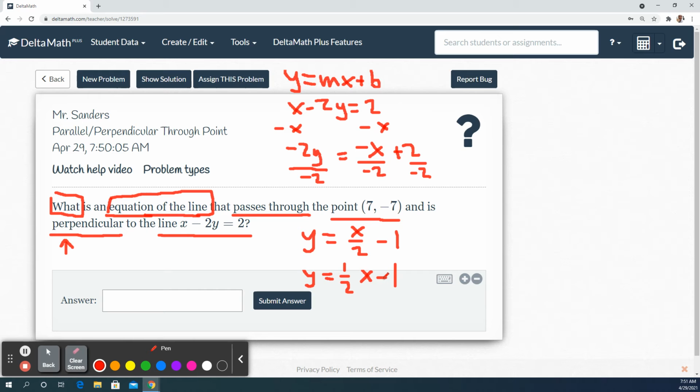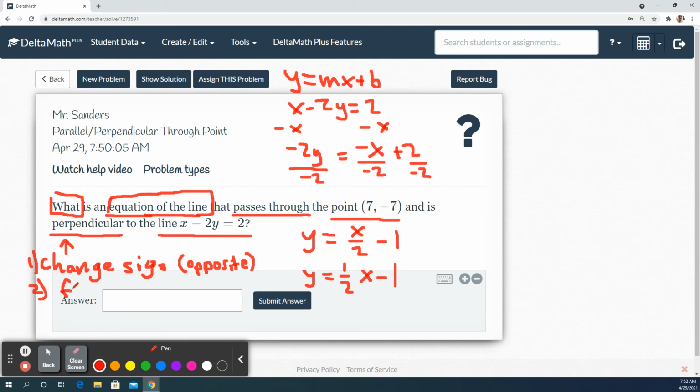All right, so we need a perpendicular line to this one. So this slope is 1/2. We have to know what perpendicular means. That means we change the sign, which is called opposite. And what's the other thing we have to do?